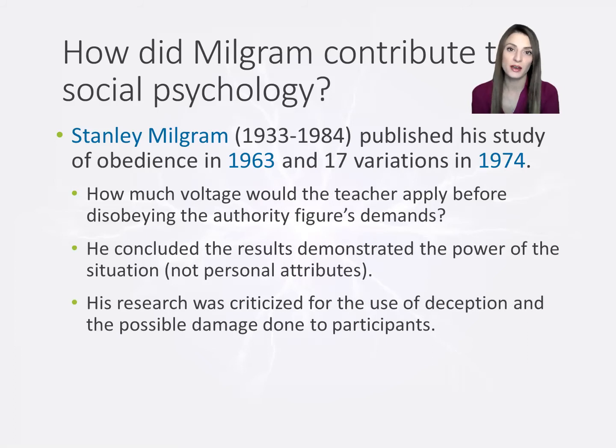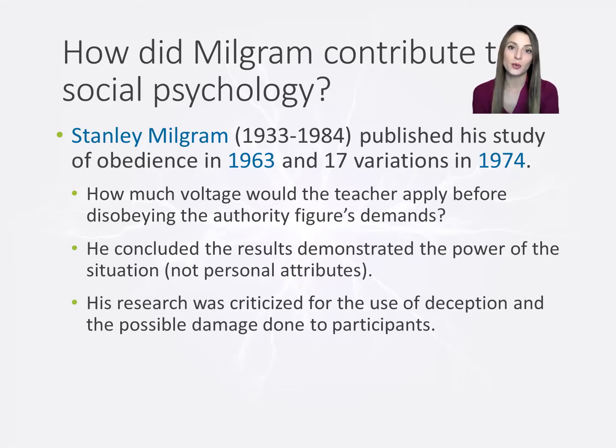As a Jewish man, Milgram was influenced by the Holocaust and wanted to focus his research on the topic. In the 1950s, Asch had started studying conformity using his line length task.